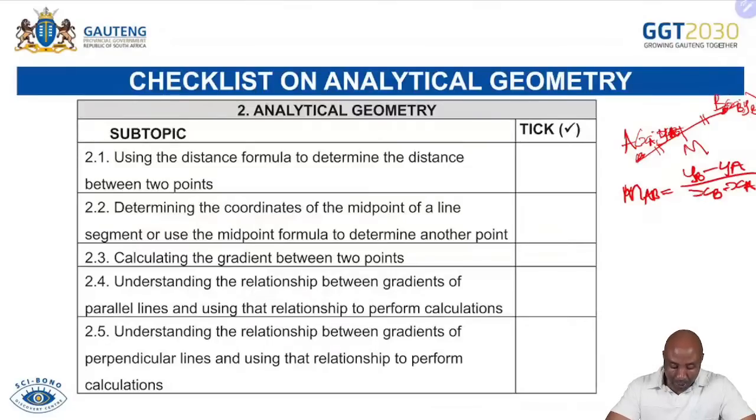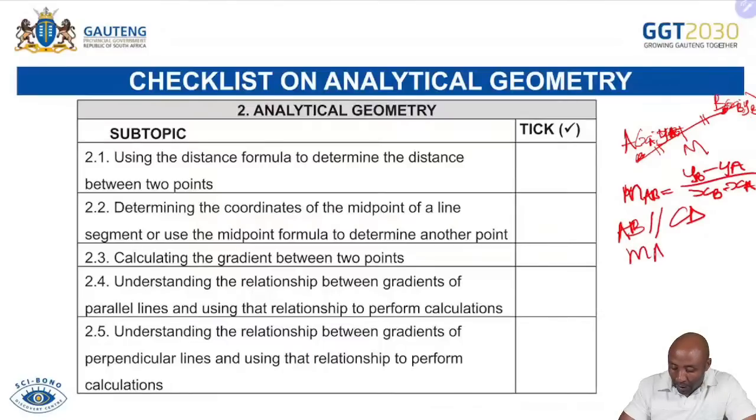The relationship between gradients of parallel lines, using the relationship to perform calculations. We know that if two lines are parallel, if AB is parallel to CD, the gradient of AB will be equal to the gradient of CD.